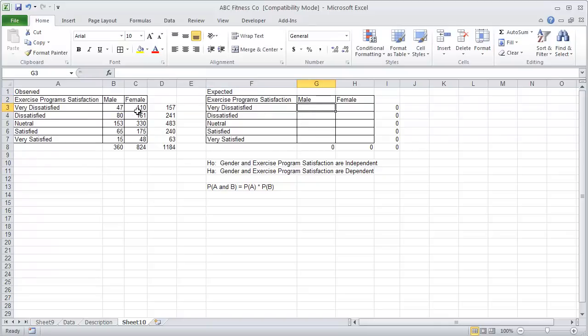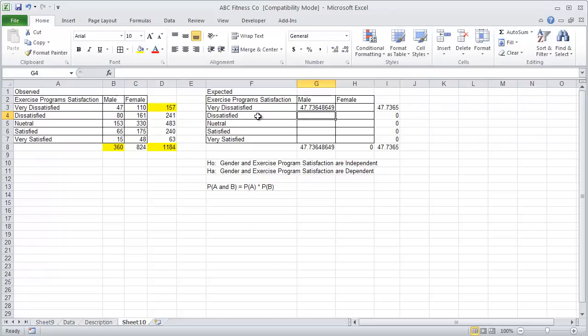So we're going to take the fact that the total of the very dissatisfied and the total of the males, and we're going to divide it by the total of the whole group. So the calculation on here is this times this divided by this. So D3 times B8 divided by D8.